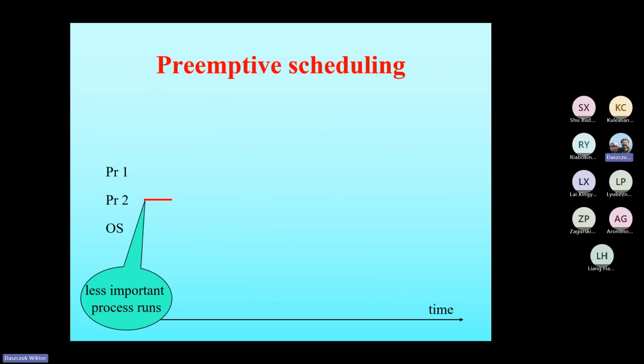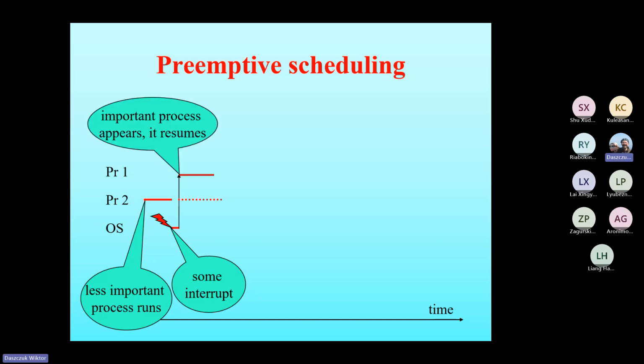Let's look at a similar scheme. A less important process runs, some interrupt occurs, a more important process appears, and we suddenly allocate the resource to this process at once. It is preemptive.